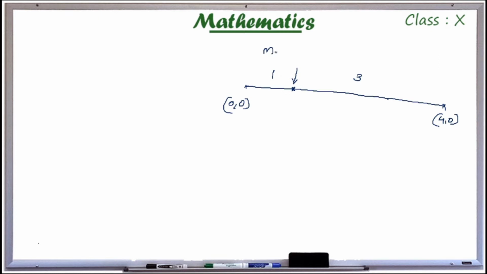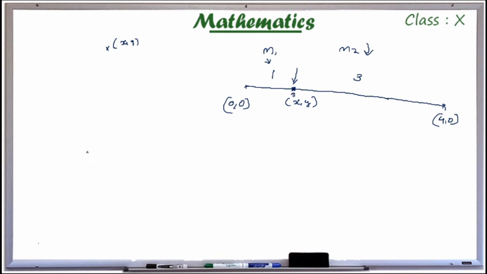Here m1 is the first ratio and m2 is the second ratio. Any point is of the form x comma y. Now we have to find the point of division.